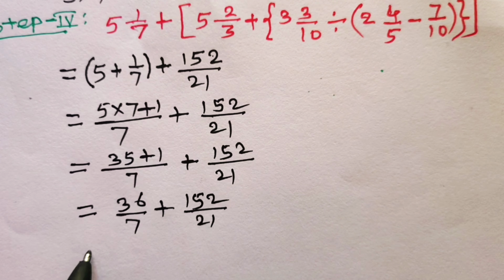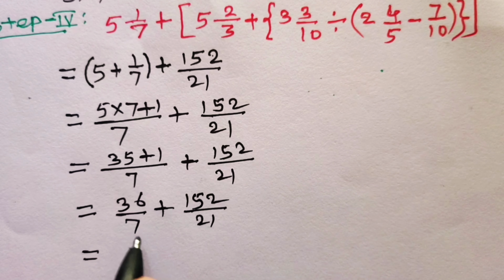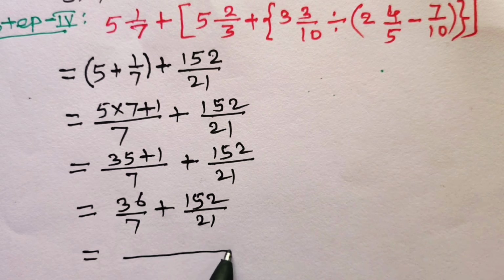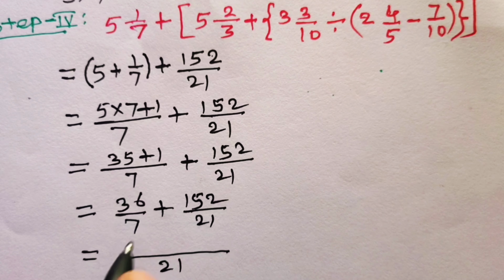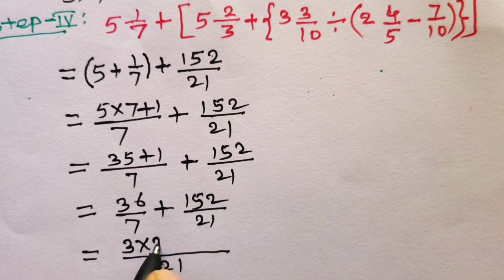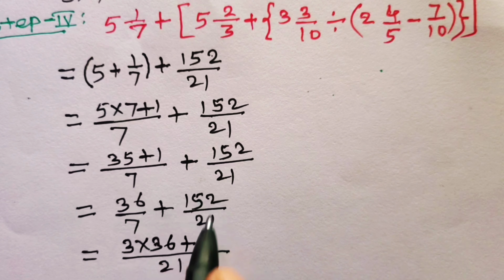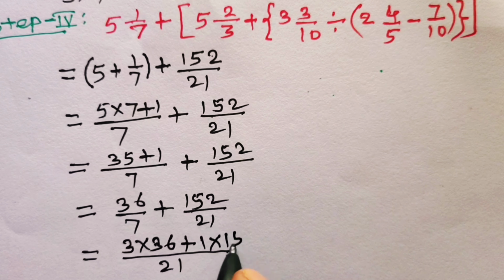Now we can take the LCM of denominators 7 and 21. That will be 21. 7 3 is 21, 3 into 36 plus 21 is 21, 1 into 152.